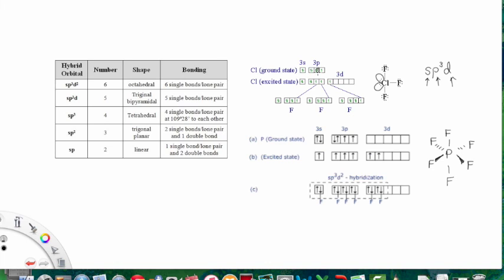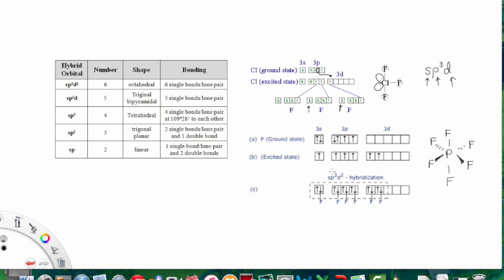So this might be a little hard to see, but we're basically promoting this into the d orbital so that now we're able to form 3 bonds with the fluorine. These boxes right here are indicating the lone pairs that are on the central chlorine atom. But basically the fluorine can come in and make bonds here, here, and here, thanks to the hybridization that we did.